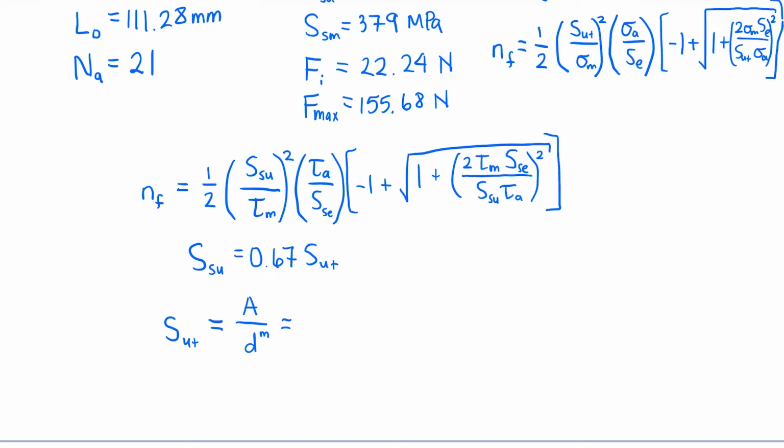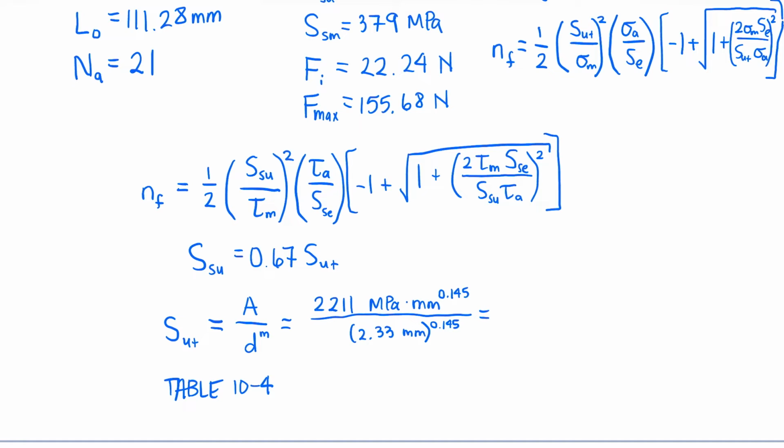So if I look up in table 10-4, I can find the values for A and M for music wire, and they are 2,211 megapascals times millimeters to the M power, where M is 0.145, divided by my wire size, which is 2.33 millimeters, to the M power of 0.145.